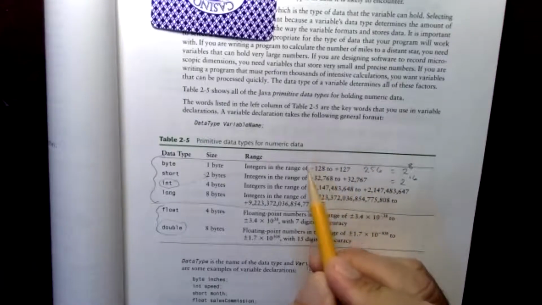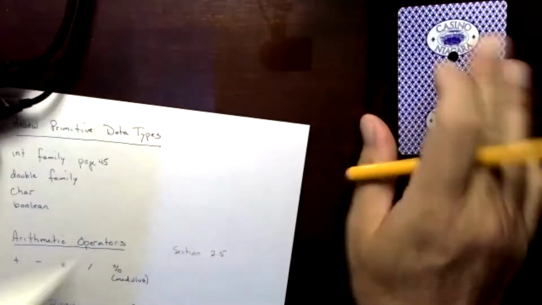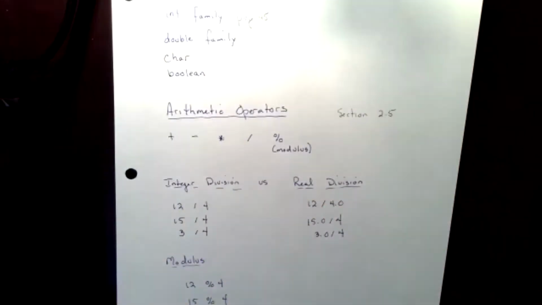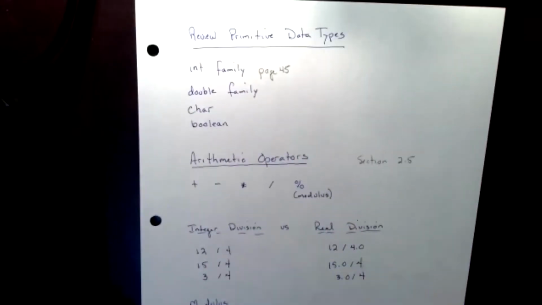No, actually what it does is it wraps around into this negative area and starts going from there. Okay, that's a little old school lesson.